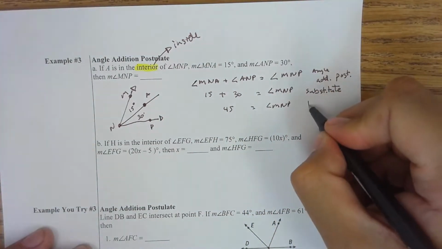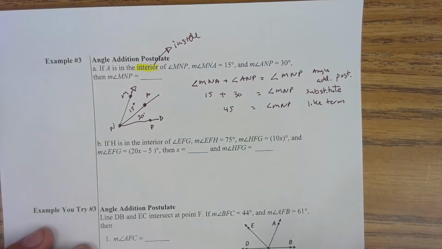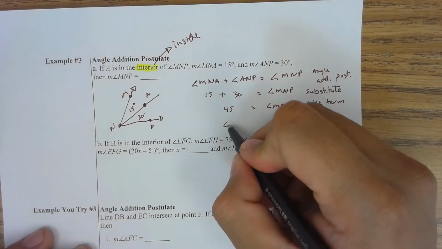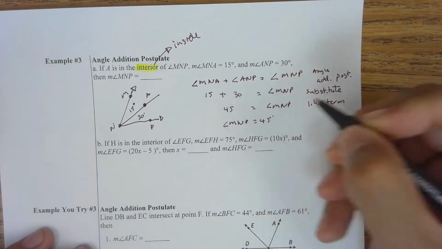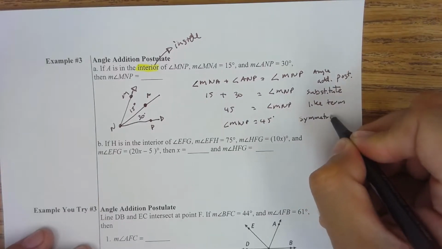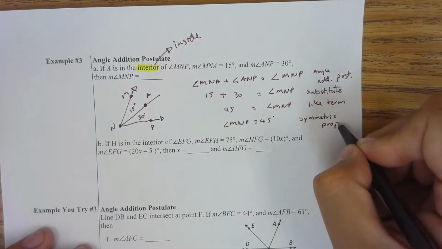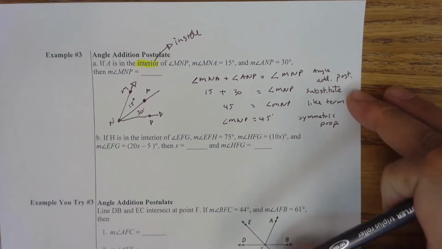Here we call it like terms. We combine the like terms. And then just switch them around. So angle MP equals 45 degrees. That one we're doing the symmetric property. We're just switching that whole equation around. Alright, so let's try again for the next problem.